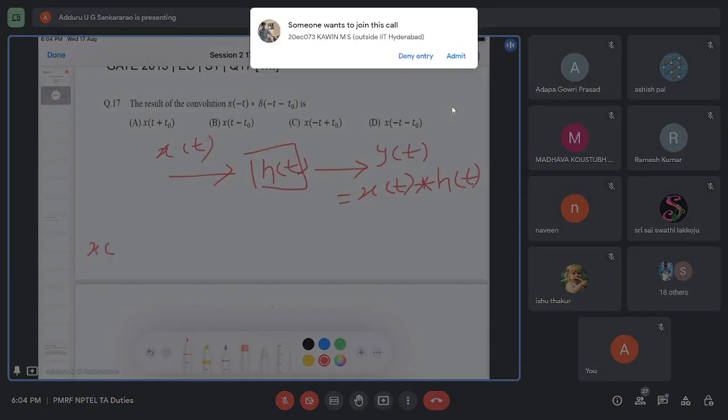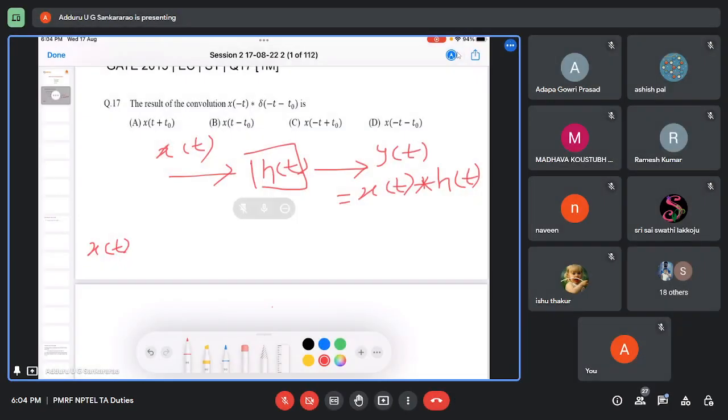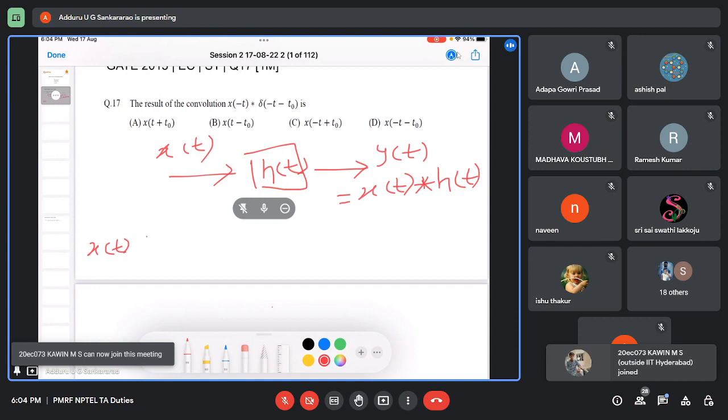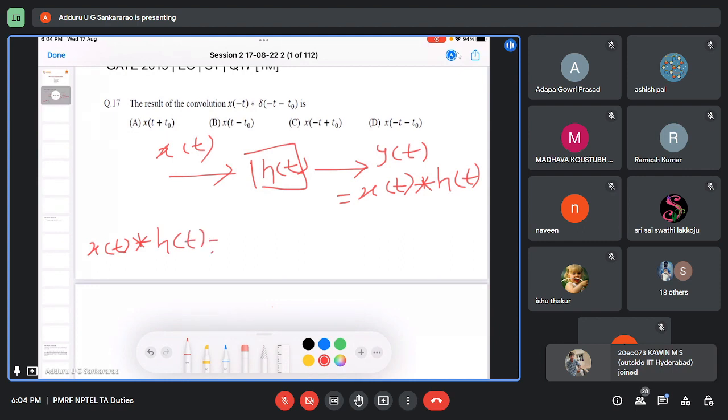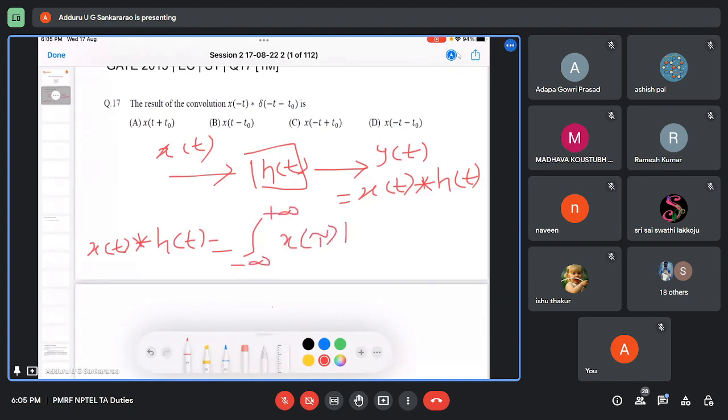Can somebody tell me? x of t convolved with h of t is what? Integral from minus infinity to plus infinity of x of tau h of t minus tau d tau. So this is the convolution, right?